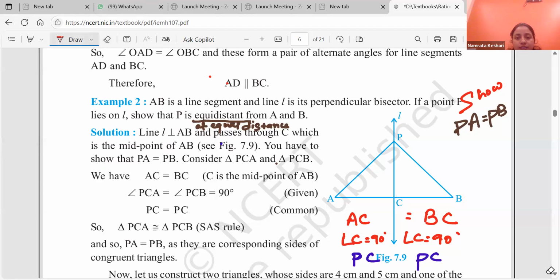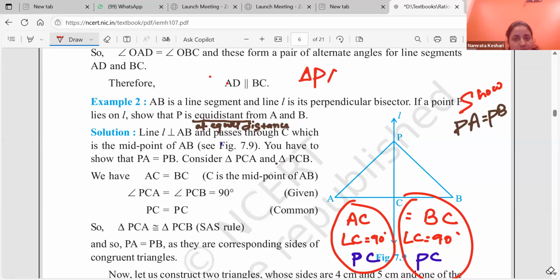So this is the data you have in hand, and this is the data you have in hand. We are going to write the names of the triangles. I told you to write the first name according to your wish. So maybe you write triangle PAC is congruent with. Now just be careful with the other name.